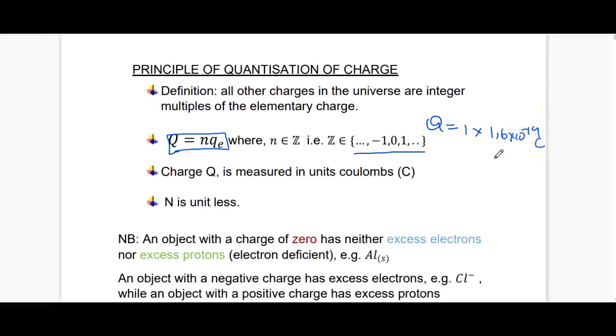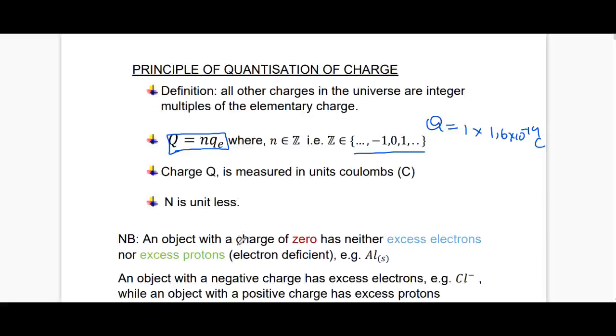If I had 2 electrons, it would be 2 times that number. If I had 5, it would be 5 times that number. If I have 1,000,000, it would be 1,000,000 multiplied by that number, and then the charge would be something greater than the elementary charge. This is what it means that charge is quantized: it exists as an integer multiple.